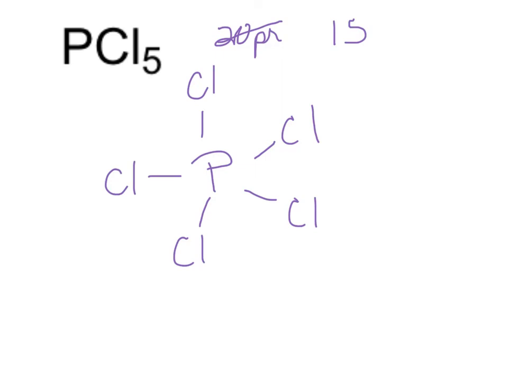And so those are going to go around those terminals. 1, 2, 3, 4, 5, 6, 7, 8, 9, 10, 11, 12, 13, 14, 15. And we can see that all of those chlorines now will have a complete octet. Our phosphorus is expanded, and this structure is complete.